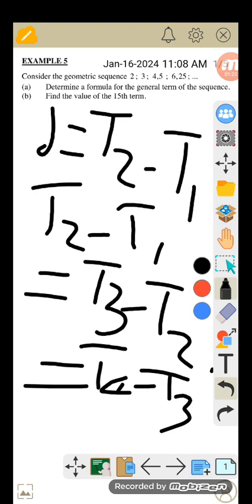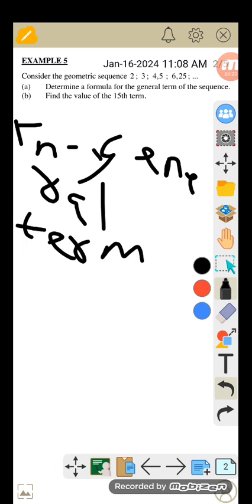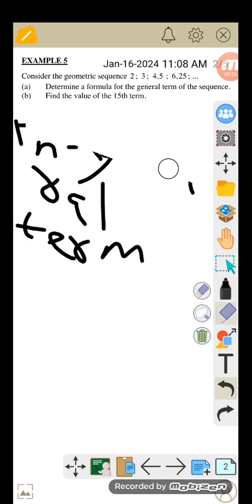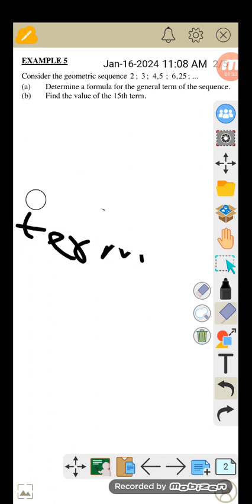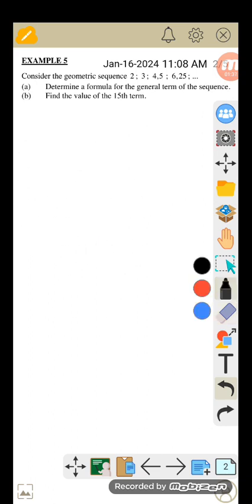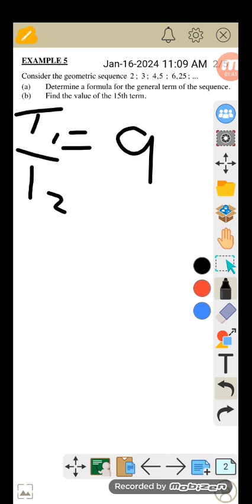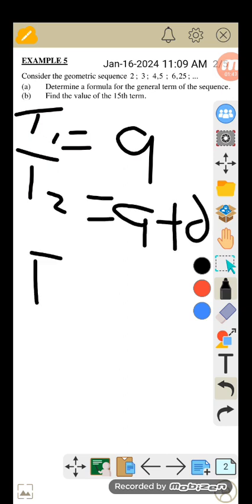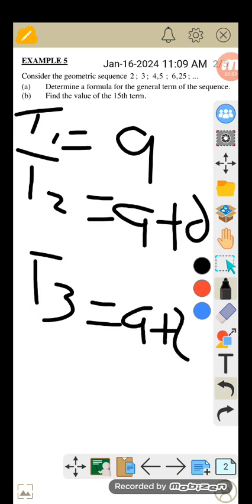You see? And then I even forgot to tell you that T1 is always equal to A, and T2 is always equal to A plus D. And T3 is always equal to A plus 2D.